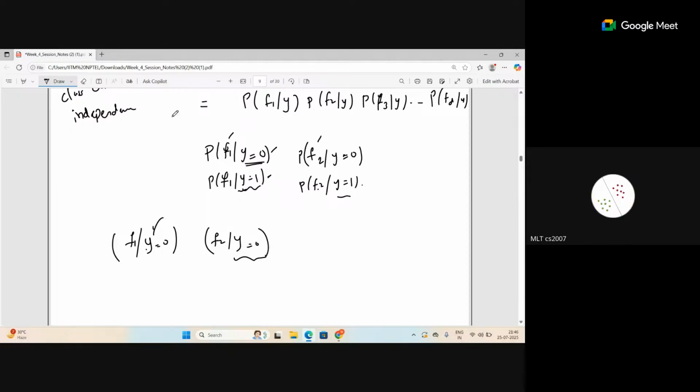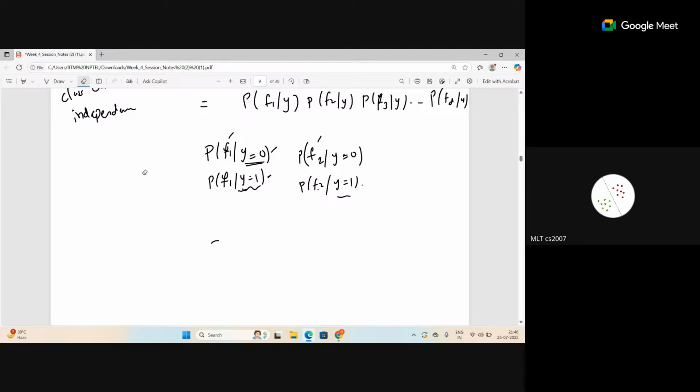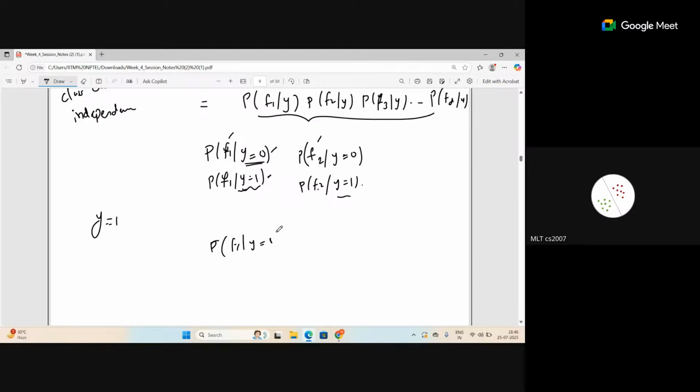And let us say, given the class y equal to 1, suppose, what will this look like? Can I say it will look like probability of f1 given y equal to 1 into probability of f2 given y equal to 1, like that?